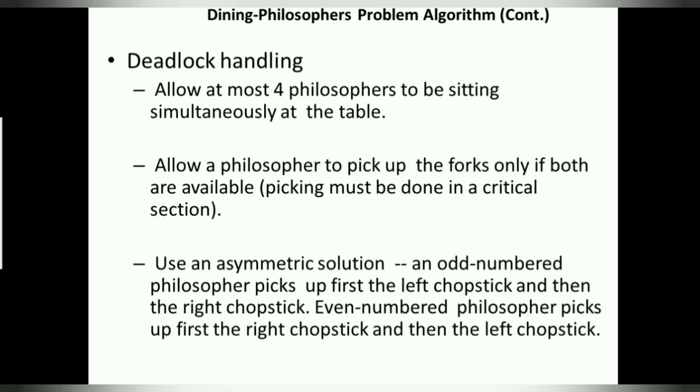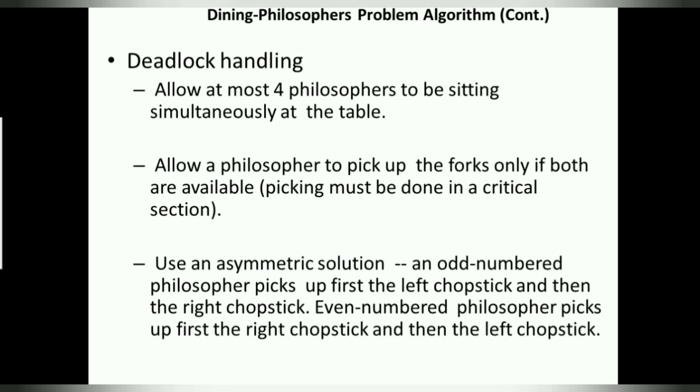One of the solutions tells, rather than having 5 philosophers, we could allow 4 philosophers to be sitting at the table with 5 chopsticks. So in this case, what happens? If there are 4 philosophers and all 4 philosophers are simultaneously hungry, and if all happen to pick up one chopstick, even then there would be one philosopher who can get 2 chopsticks.